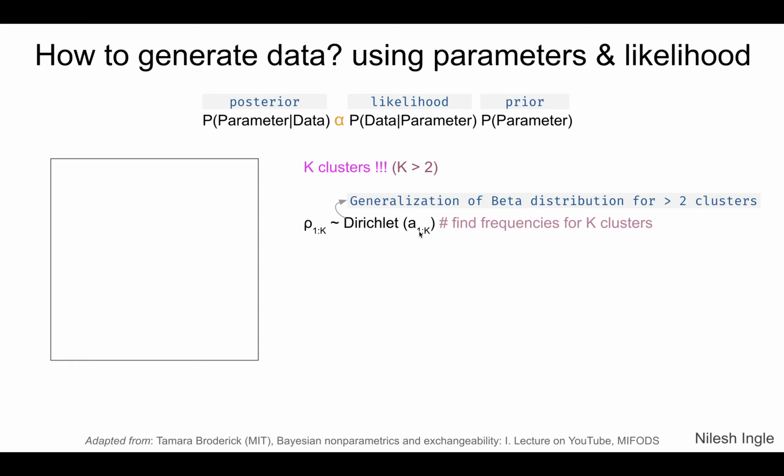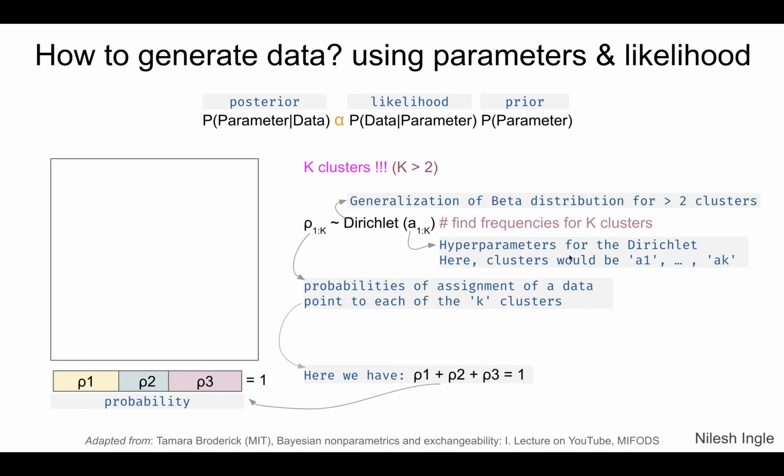The number of hyperparameters would again be alpha 1 through alpha K, based on how many clusters are there to be found. And so that's what we discussed. Now the values for row K should again sum up to 1. So if we have 3 clusters, the values of row 1, row 2, row 3 should sum up to 1.